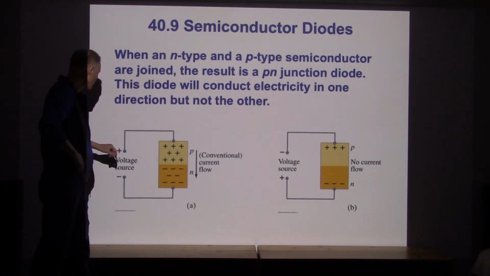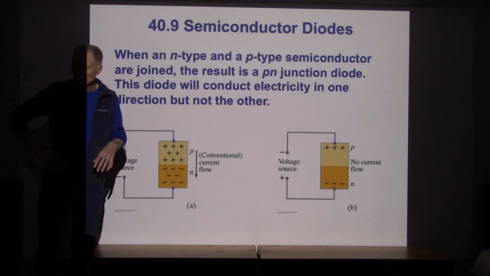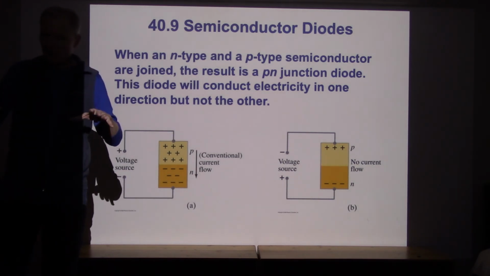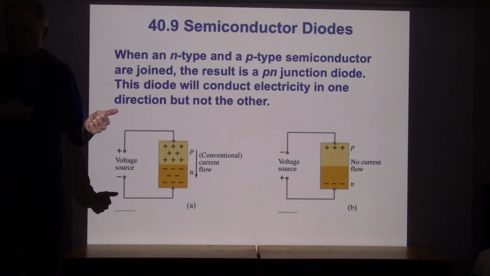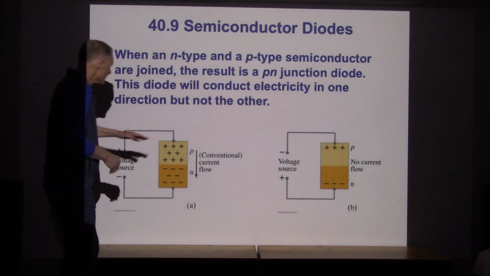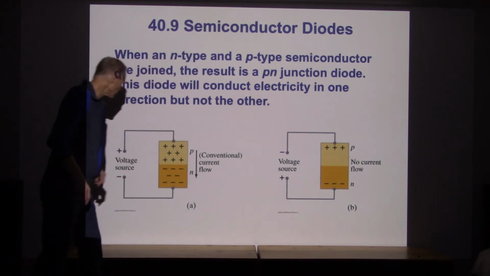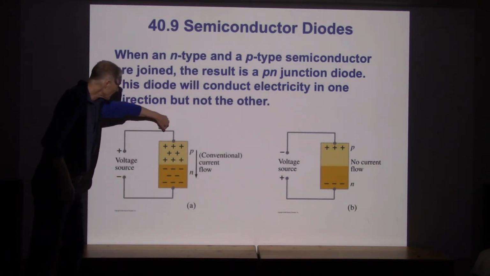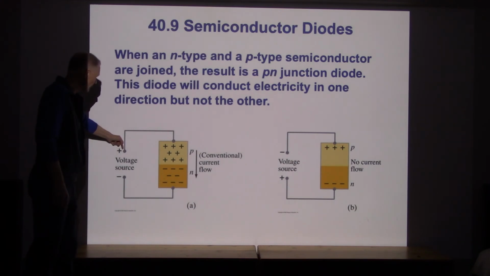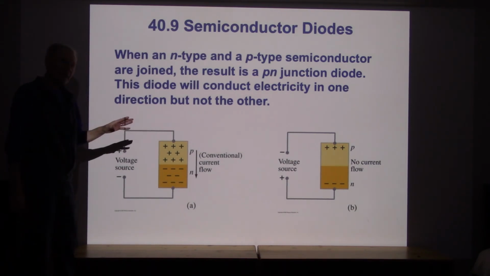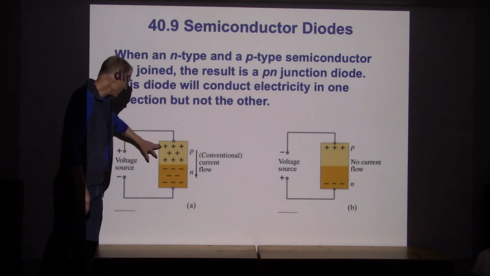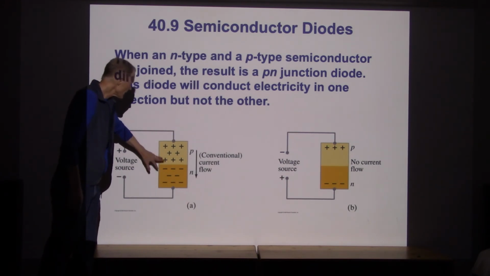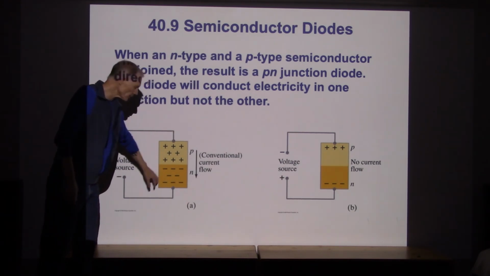This is where I actually have to stop thinking in terms of current and think in terms of electron flow. So what's happening here is this is conventional current flow. Electrons are coming from the negative terminal, and electrons are being pulled into the positive terminal. So what happens, we're going to put a p-type material here and an n-type material here.